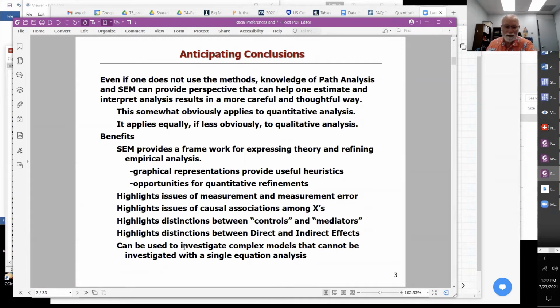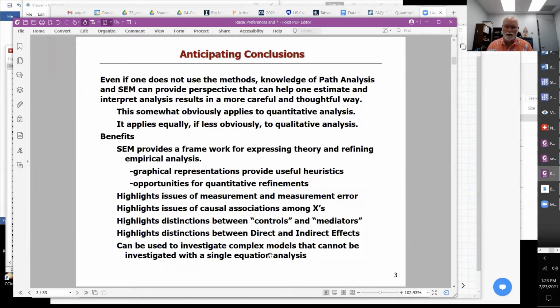And the last item is that you can go way beyond single equation analysis, and without getting into it in great detail, there are opportunities that arise if you can look at a system of variables and how they relate to each other in complex ways. It may give a better expression of a particular theory and allow for more advanced testing and for more appropriate estimation of effects.